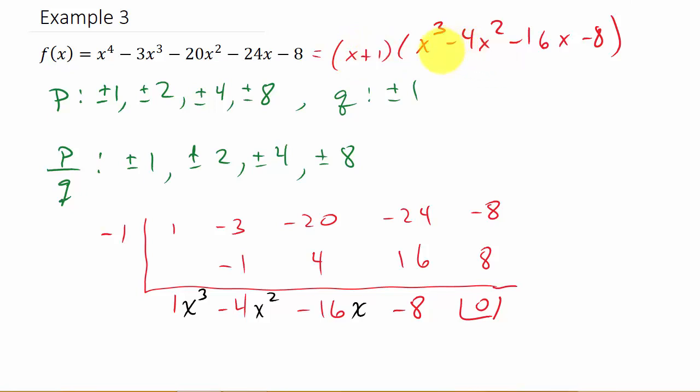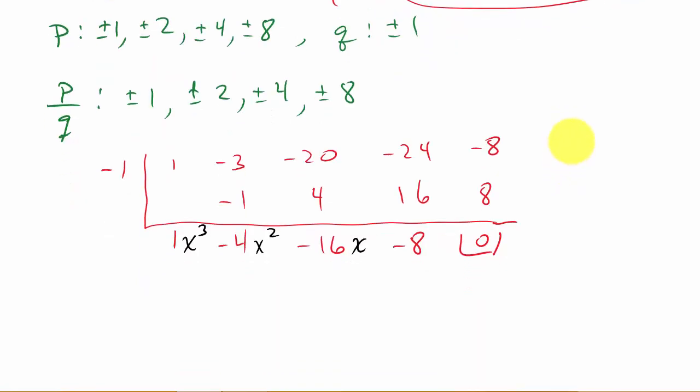So when we look at this, we can see that we can't solve this either. So we have to do this again on this one. We have to break this one down some more.